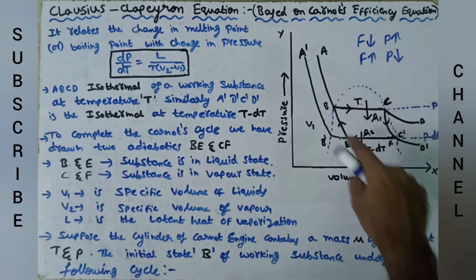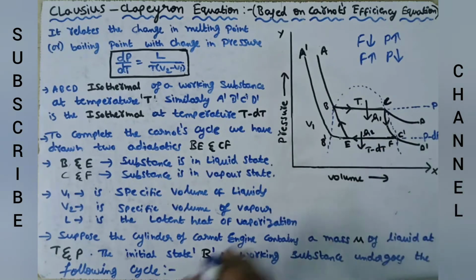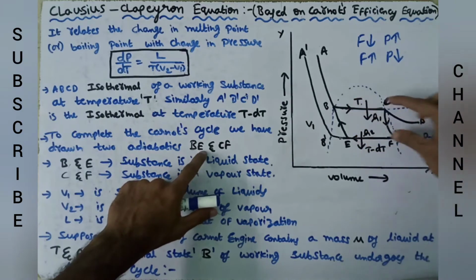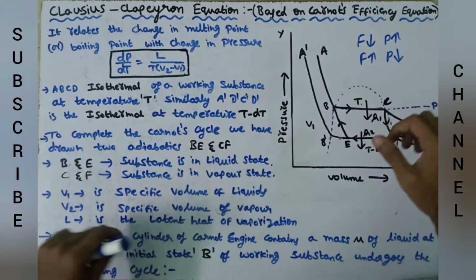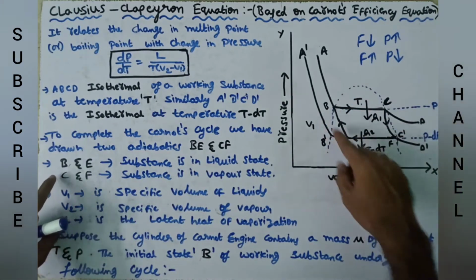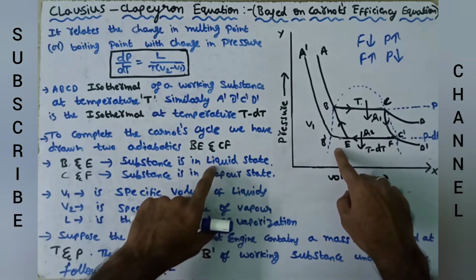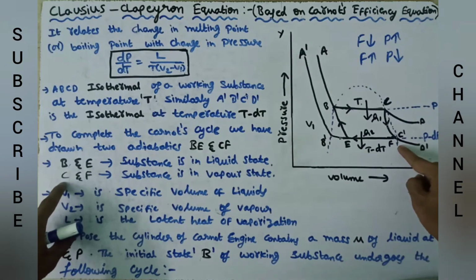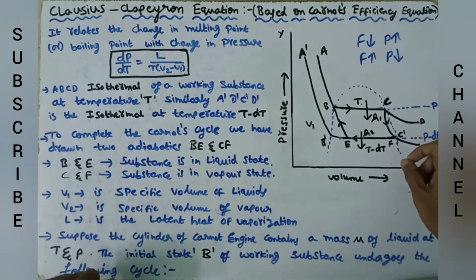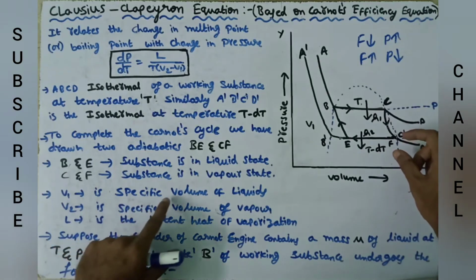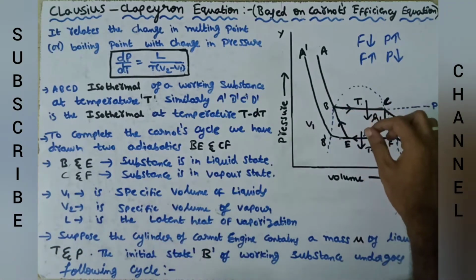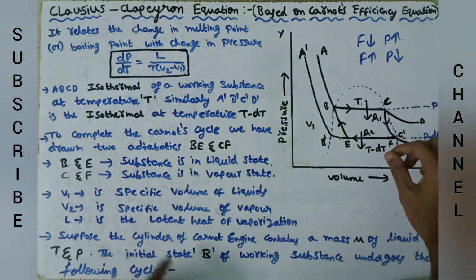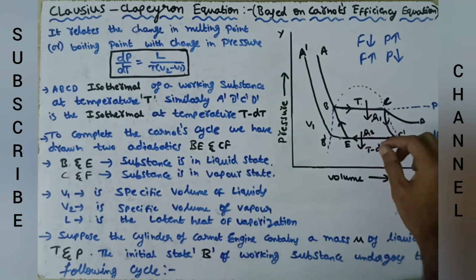To complete this cycle, we have added adiabatic processes CF and BE. At BE, the substance is in liquid state, and in CF, the substance is in vapor state. Here V1 is the specific volume of liquid and V2 is the specific volume of vapor. L is the latent heat of vaporization.